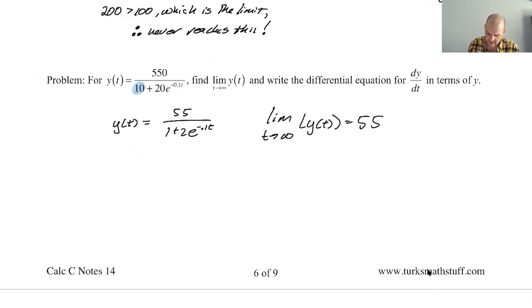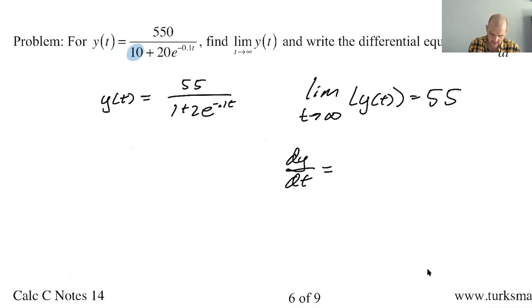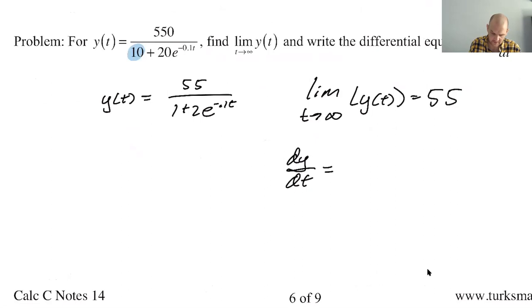Write the differential equation for dy/dt in terms of y. All right, dy/dt is, so I need to know a couple of things. The limit is definitely 55. k is definitely 0.1, because remember, it's e to the negative kt, so it's 0.1, not negative 0.1. I need to know y of 0 so that I can calculate.